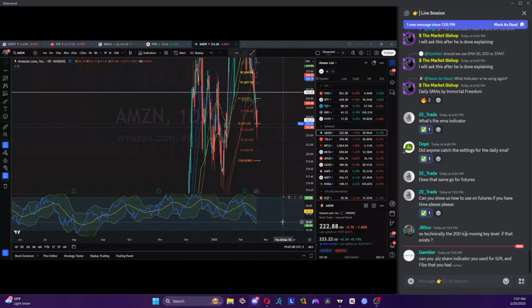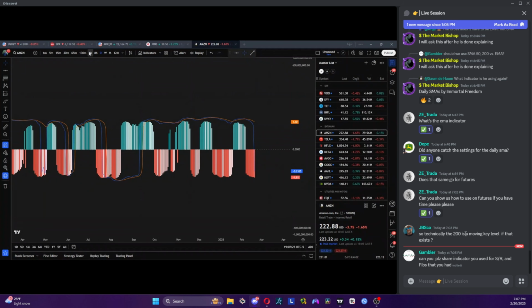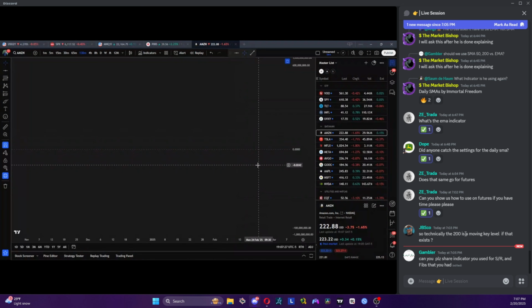It's completely down. Let's go to a 130 minute. Sure, maybe it might have a short little pop here, but I don't see anything, even on the daily, that's telling me that there could be a potential pop.